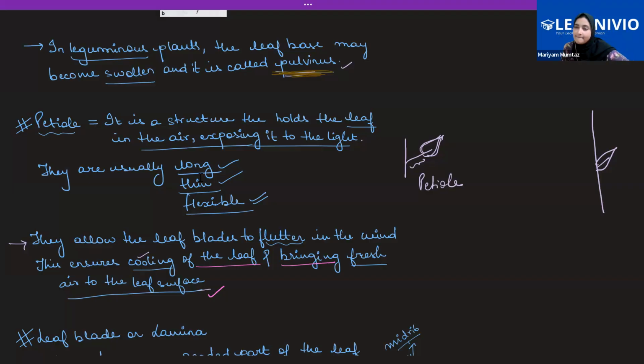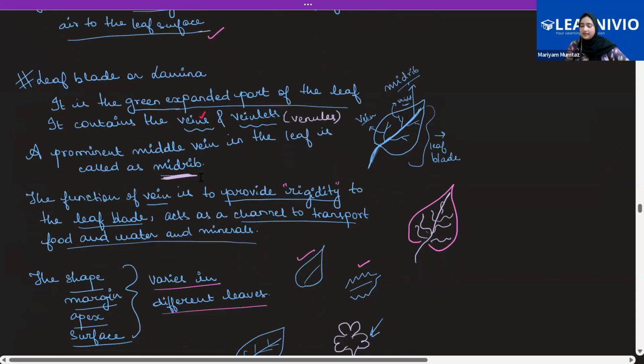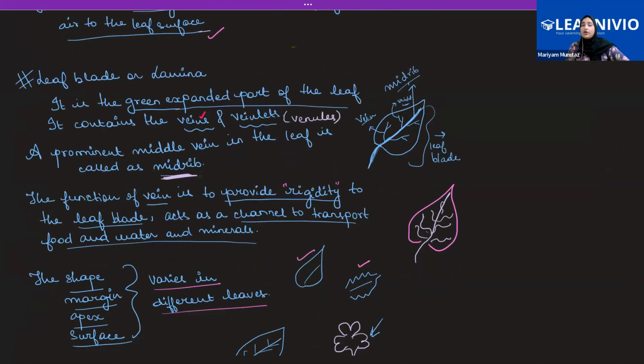Now coming on to the leaf blade or the lamina portion. The entire part that you draw while you draw a leaf is the lamina or the leaf blade. It is the green expanded part of the leaf and it has veins and veinlets, meaning tiny veins are called veinlets.